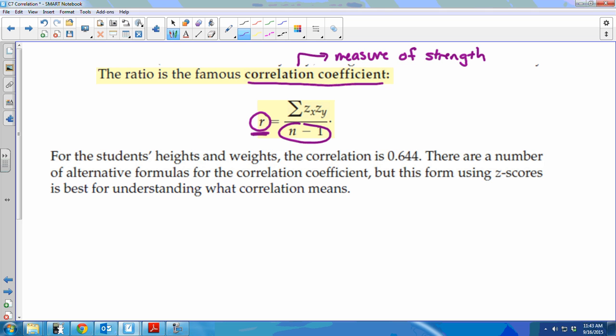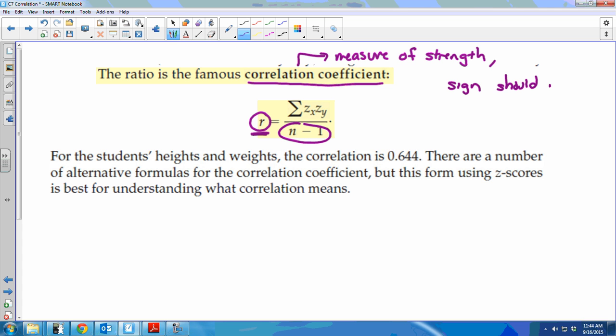All right, it's going to tell you how strong the relationship is, okay? So it goes on here, and it says for the students' heights and weights, the correlation is 0.644, all right? And we're going to talk about what that means. But that is a measure of strength. You need some context for that. But I can tell you this right now, that the sign of the correlation should match the direction.